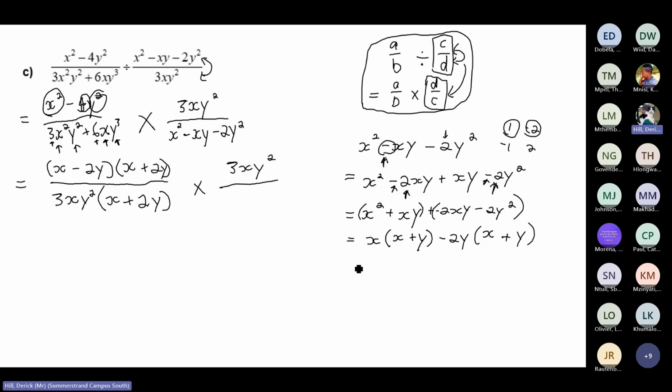Now we're using common factor factorization. So we can see these brackets, the x plus y and the x plus y are exactly the same. So I can pull out that as a common factor, and I'm left with an x minus 2y.